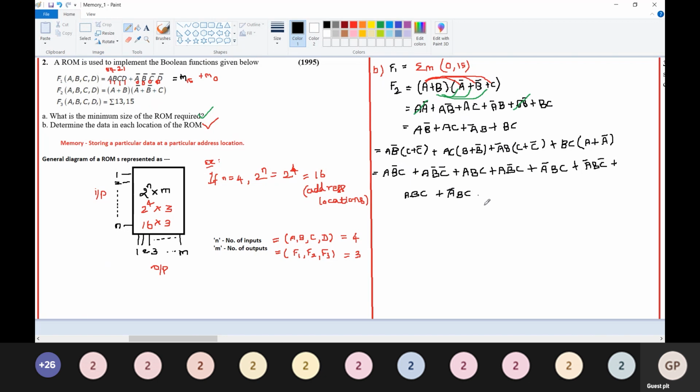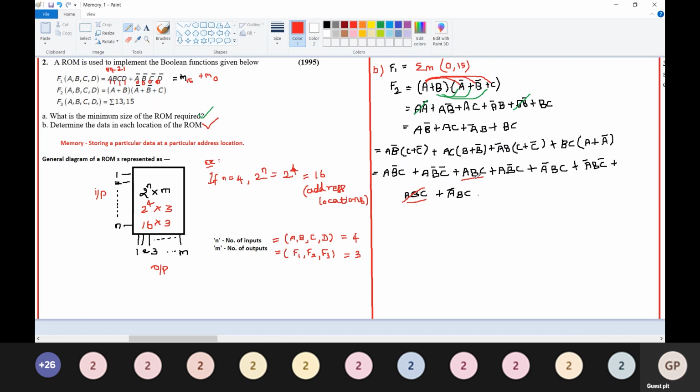Okay, so the next step is to find if we have any repeated terms. Here you can see ABC is repeated twice, ABC, and here also we have ABC. So you can neglect one term.